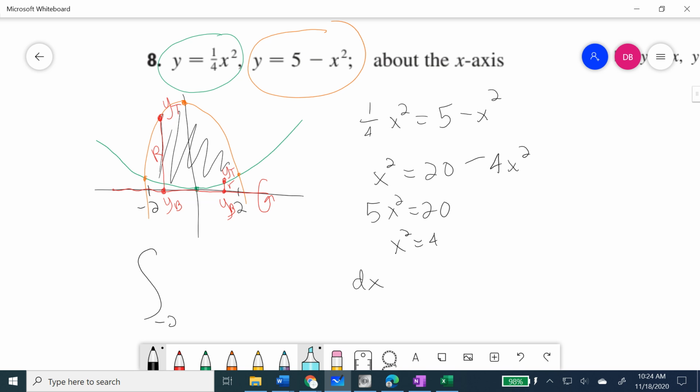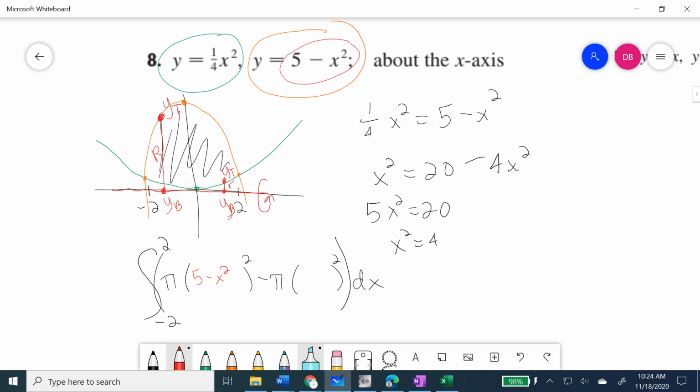So I put the x values of the intersection points, and then I prepare the geometry formula of pi times outer radius squared minus pi times inner radius squared. For the outer radius, the y value of the top is 5 minus x squared.